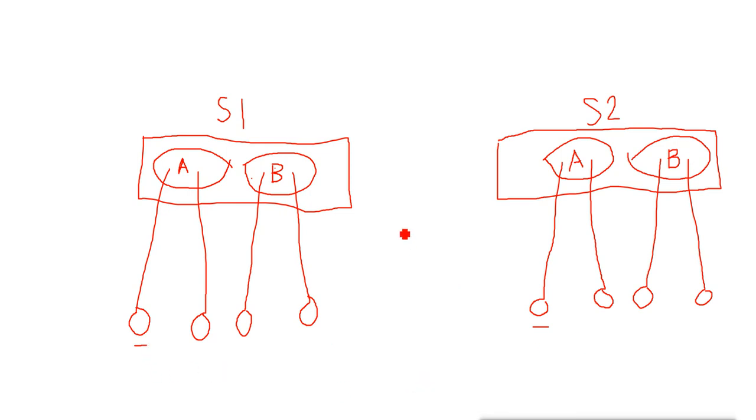What I did here, I connected them together via this separate port. So for example, I connected them with this port. Now when I try to ping from this machine to this machine, even though they belong to the same VLAN, still we are not having communication.